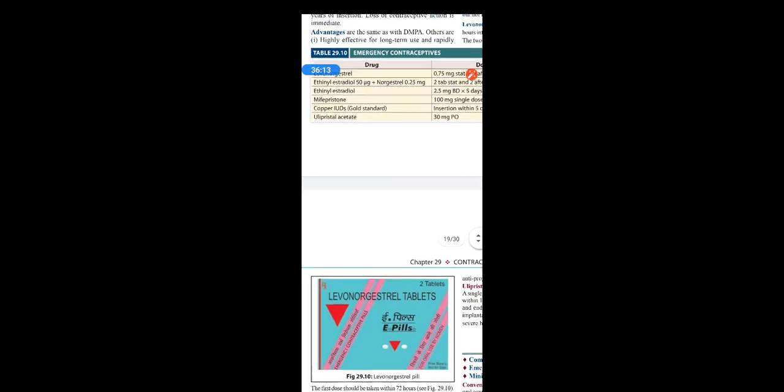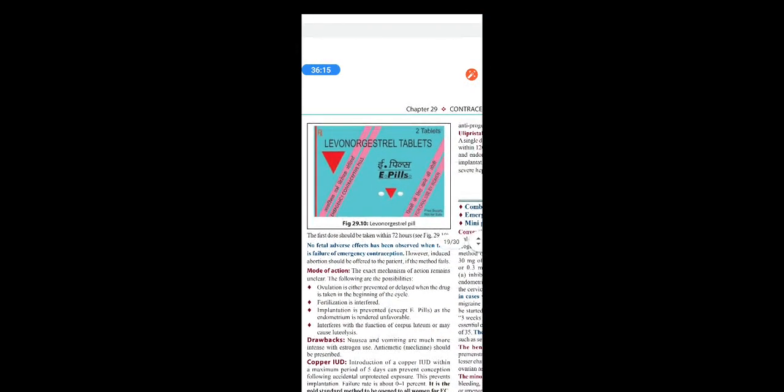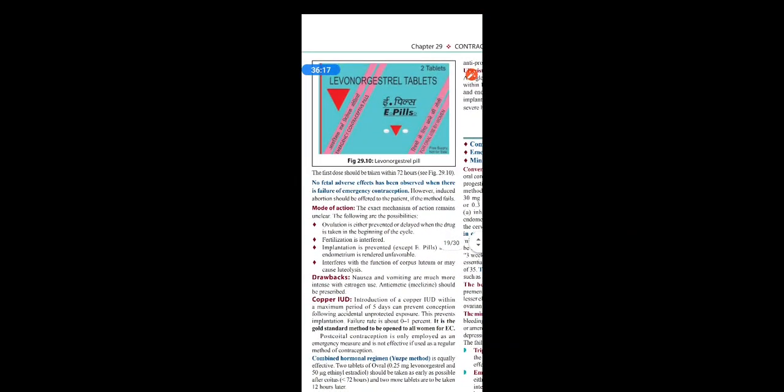Ethynyl estradiol 2.5 mg BD for 5 days. Mifepristone 100 mg single dose is enough. Copper IUDs, which are considered the gold standard, insertion within 5 days is advisable. And ulipristal acetate is 30 mg per oral. The first dose should be taken within 72 hours.